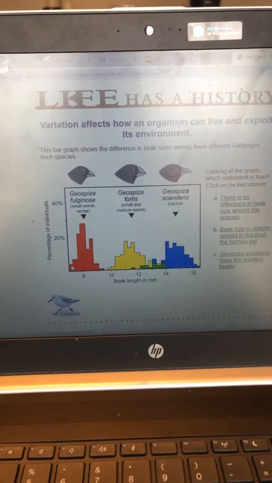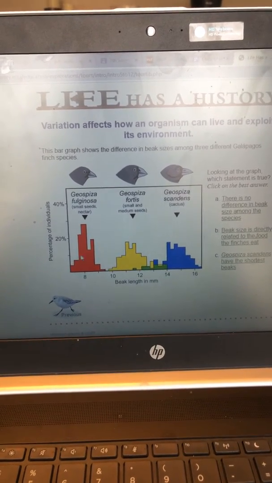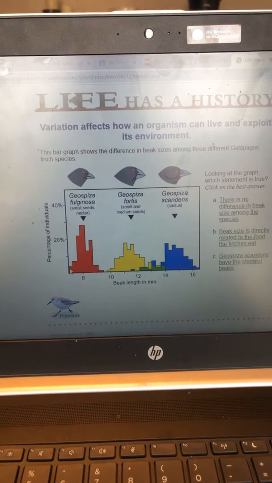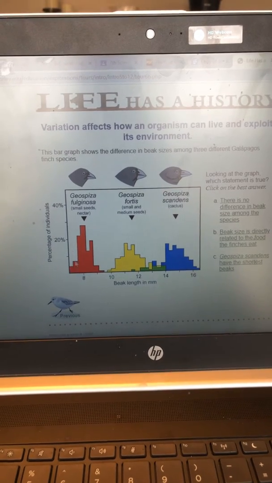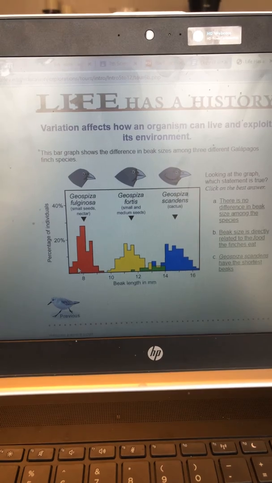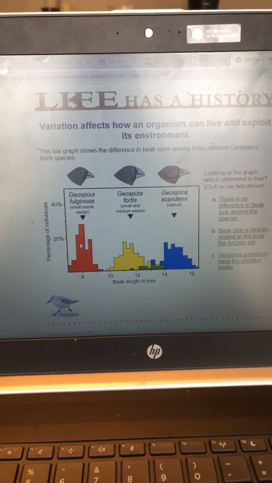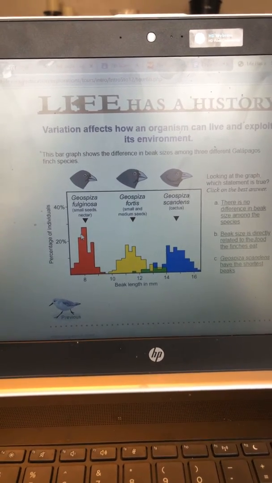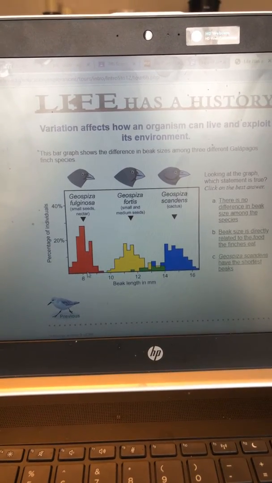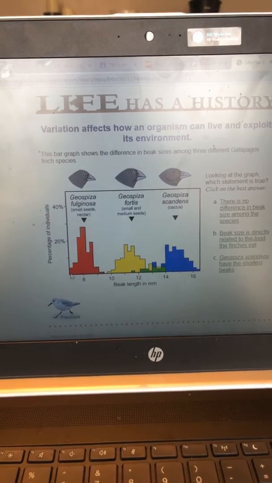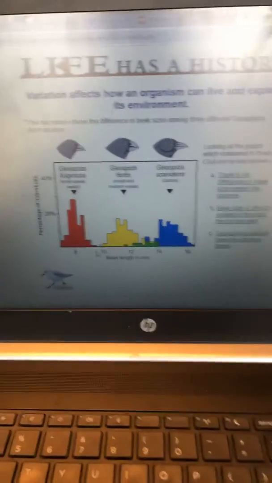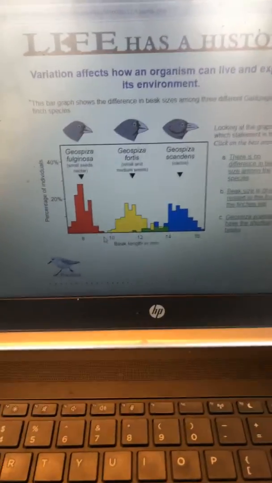So less than 10% have 5, 6, or 7. Over 20% have 7, almost 30% have 8. Then it drops down for, I don't know exactly, this would be 8.5. So I guess it varies, sorry. I'm reading the graph as I go through.